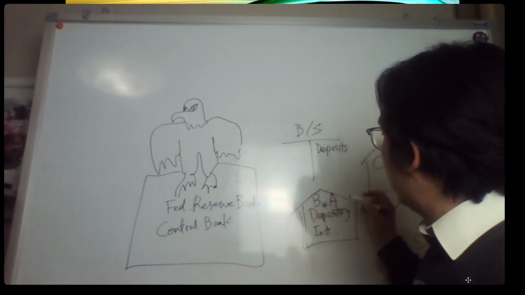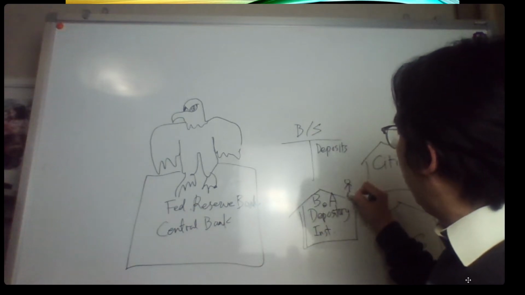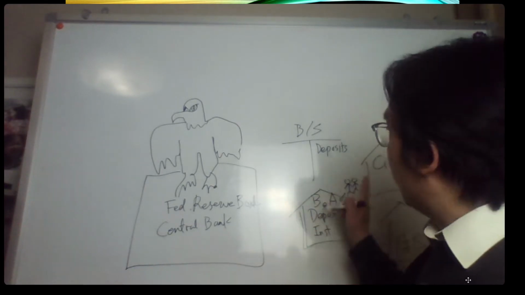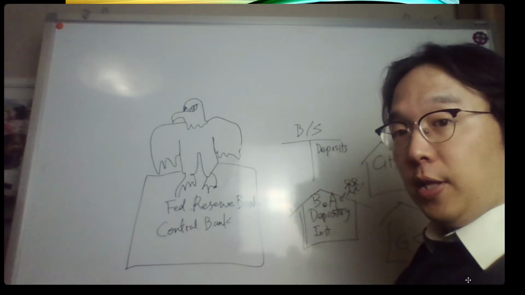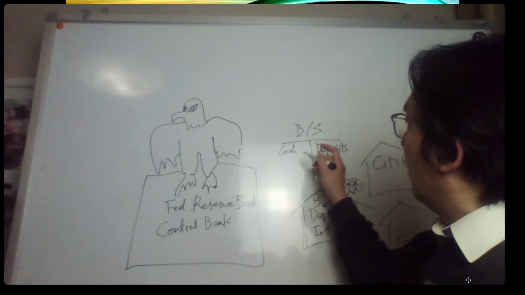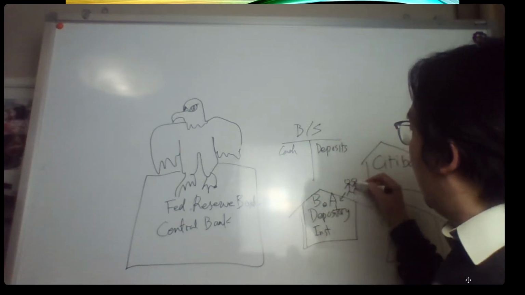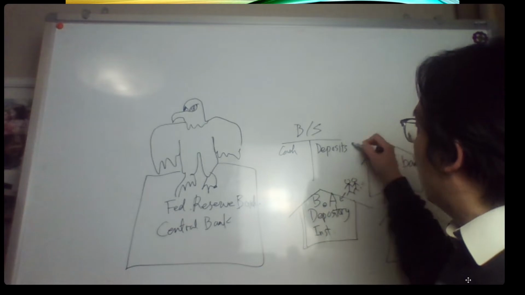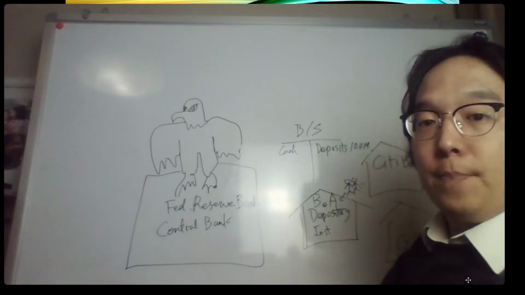So a lot of people walk in with their money and put their deposit there. They get cash out of it. Let's say their total deposit amount is $100 million.